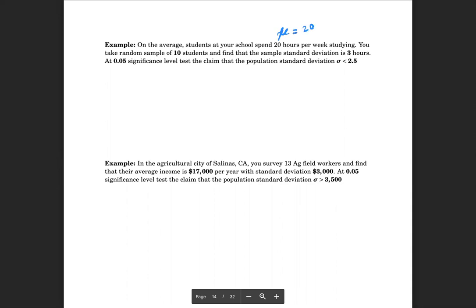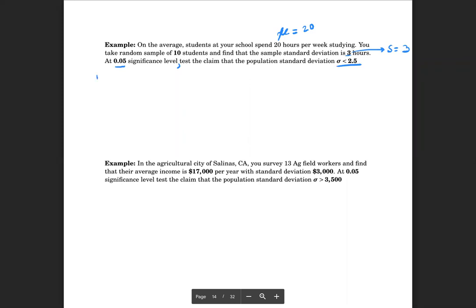You take a random sample of 10 students and find that the sample standard deviation is 3, so S is equal to 3. At 0.05 significance level, test the claim that the population standard deviation is less than 2.5.